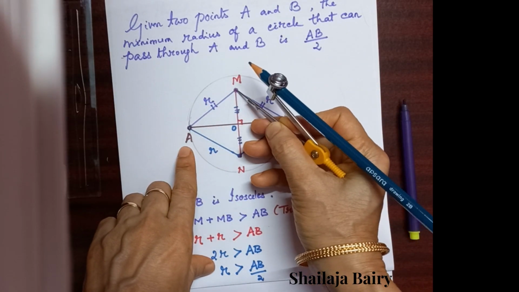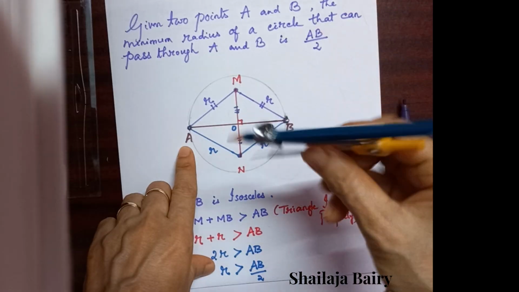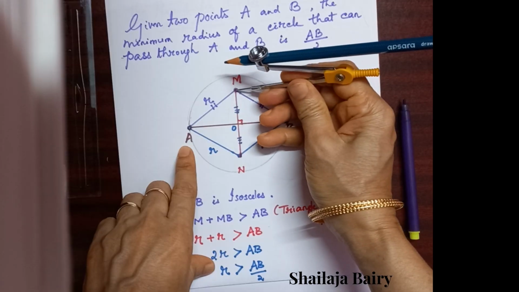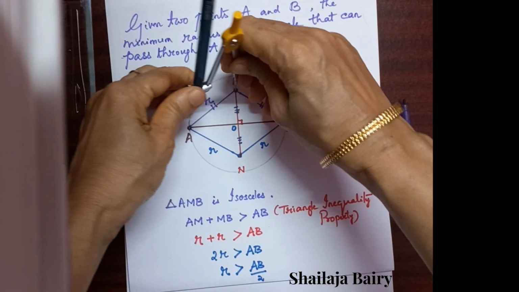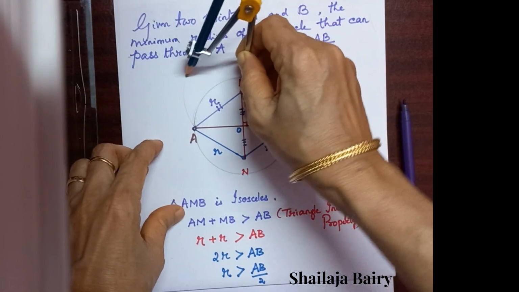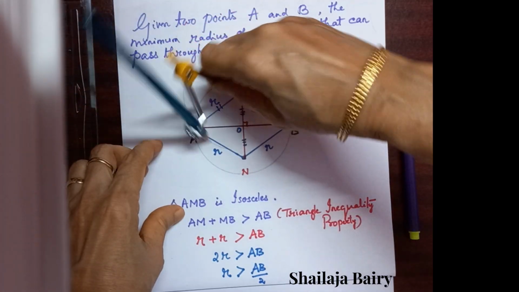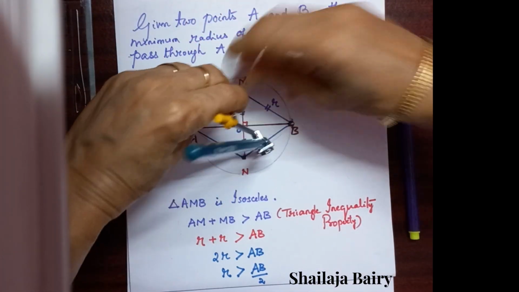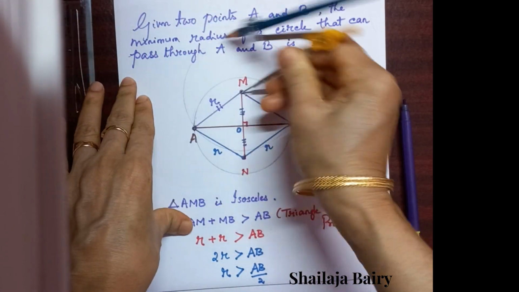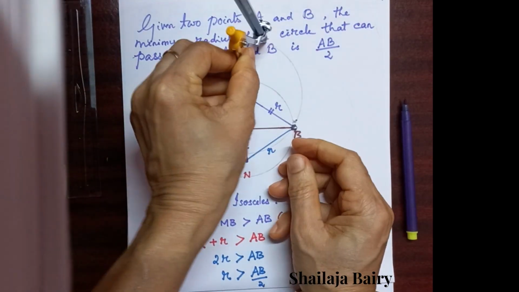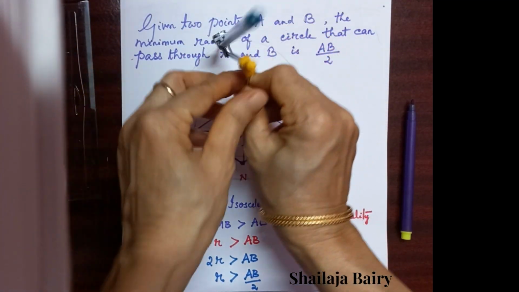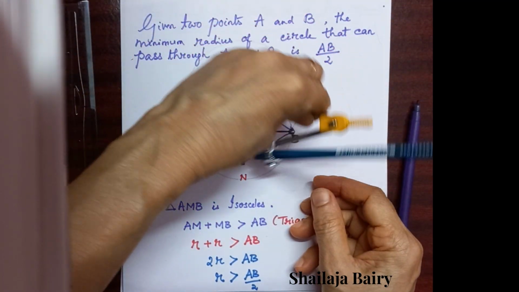Now R is more than half of AB. So if I take this R as the radius, I can cover both A and B. See here, another circle can be drawn covering both A and B. So this bigger circle, having R as radius, is having AB as a chord.